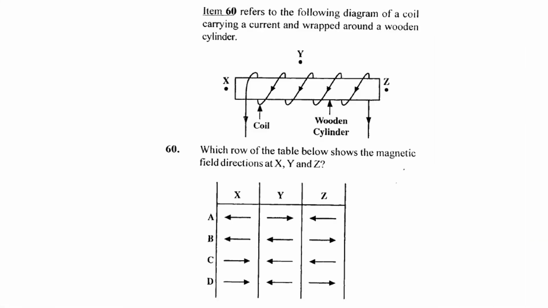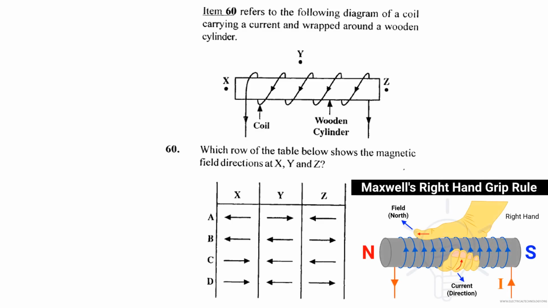And finally, number 60. That refers to the diagram of a coil carrying a current and wrapped around a wooden cylinder. Which row of the table below shows the magnetic field directions at X, Y, and Z? Here, you would need to use Maxwell's right-hand grip rule, where you would curve the four fingers of your right hand in the direction of the current around the coil, and then your thumb points in the direction of the north pole in the magnetic field that has been created.